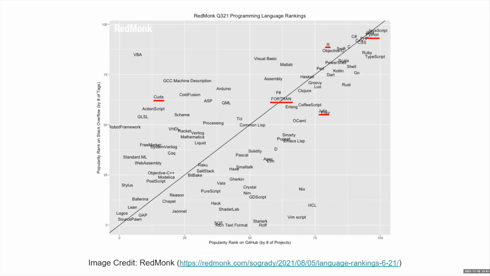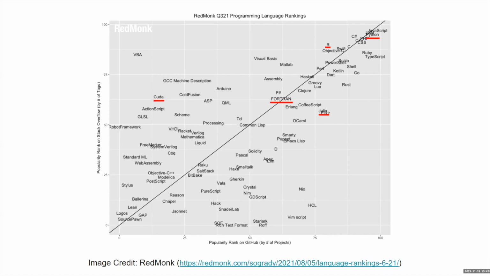The x-axis here is the popularity rank on GitHub, measured by stars and related projects. The y-axis measures the questions and all other comments posted on Stack Overflow. Mostly, when you have a question, you post it on Stack Overflow, and people volunteer their time to answer it. So here is the measured number of questions or tags relevant to a particular language.